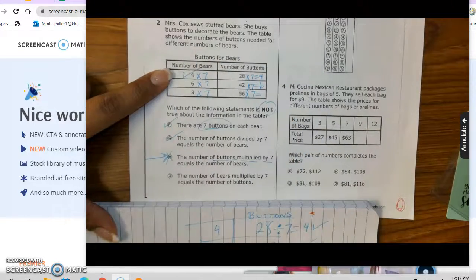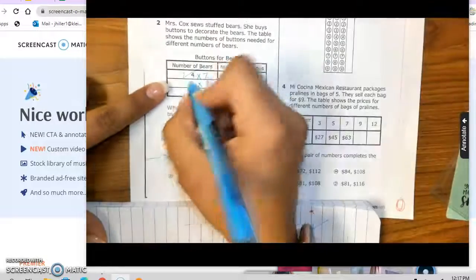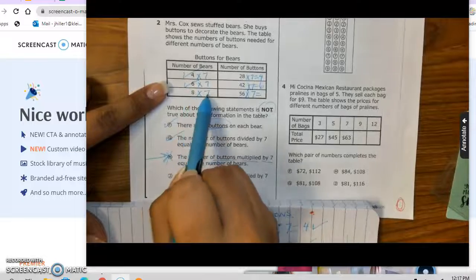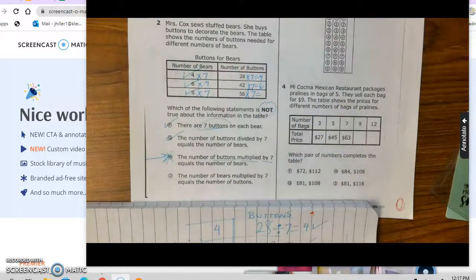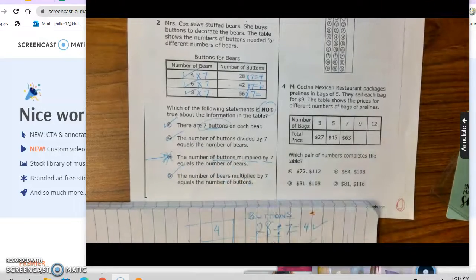Check. Does 6 times 7 equal 42? Check. Does 8 times 7 equal 56? Check. So that lets me know that letter J is correct. The answer I'm looking for is H.